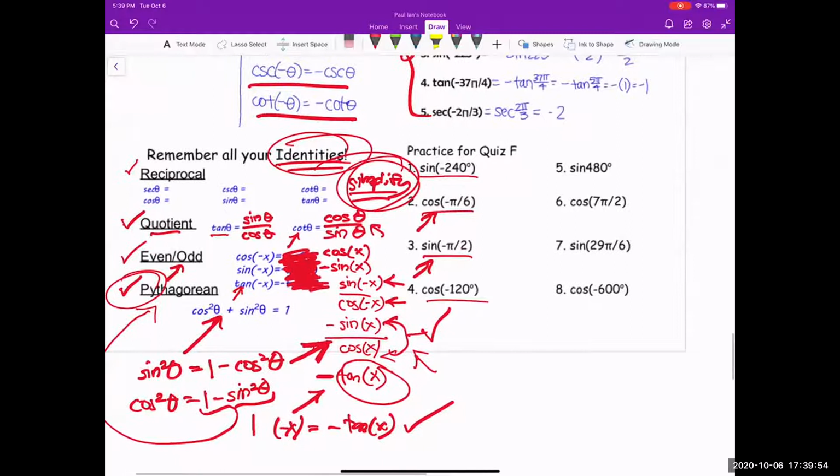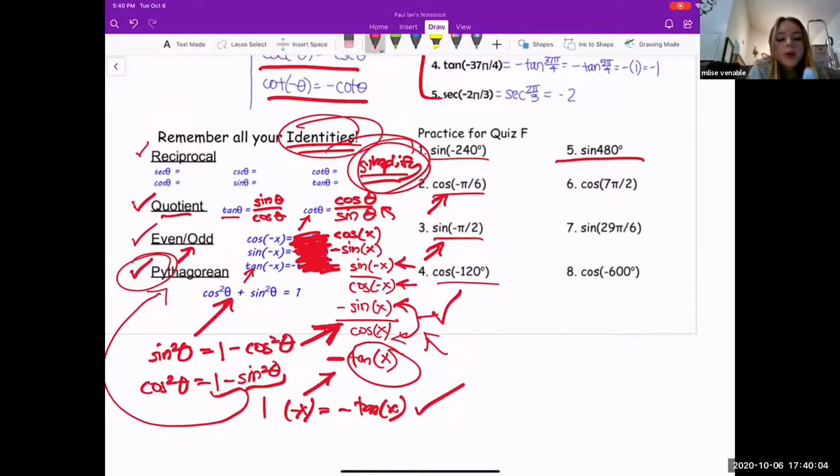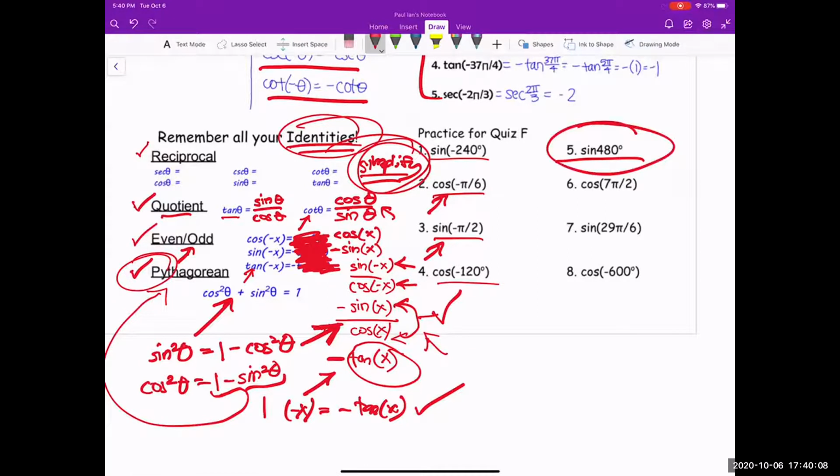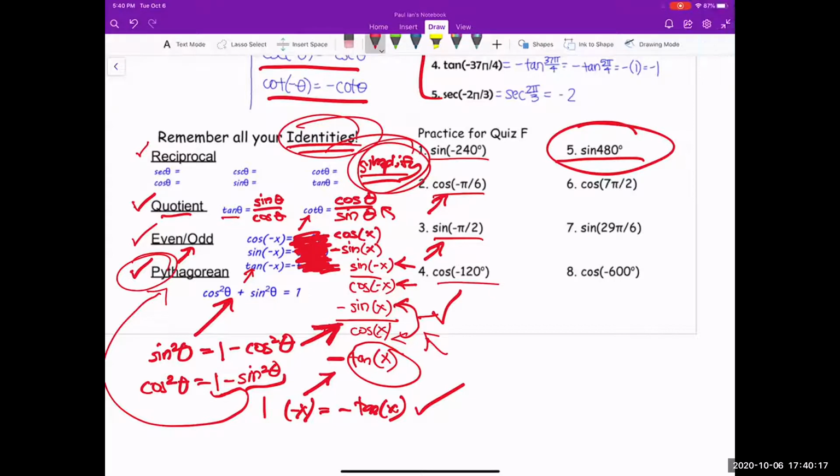Okay. So let's see if we can do these ones. What is sine of 480? We also learned about the one where you minus 360, to get rid of the 2 pi.